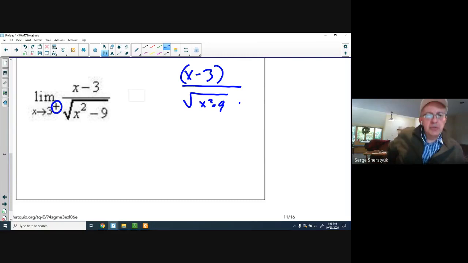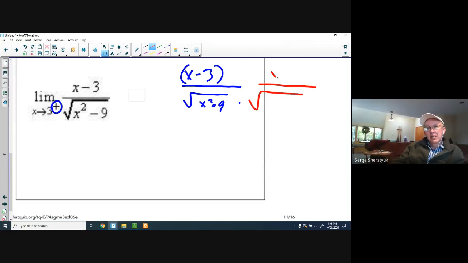No, I don't want to do that. This is like rationalizing the denominator. That's really what this is. If I'm going to rationalize the denominator, I'm going to multiply by, in this case, the same thing, the square root of x squared minus 9. Oh, they are tricky.